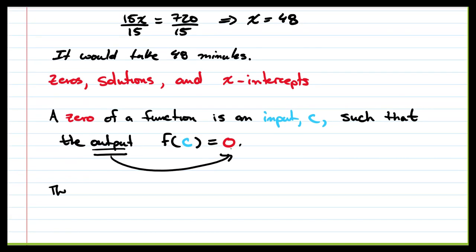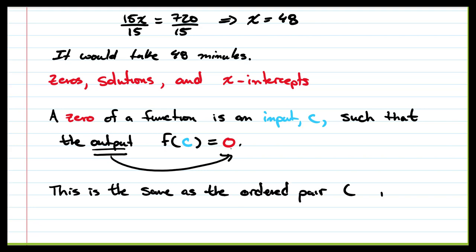And as we talked about, this is the same as the ordered pair. And remember, our ordered pairs are always input and then output. It is the ordered pair c, comma, 0. So we're trying to find any number that when we put it in, we get 0 out.